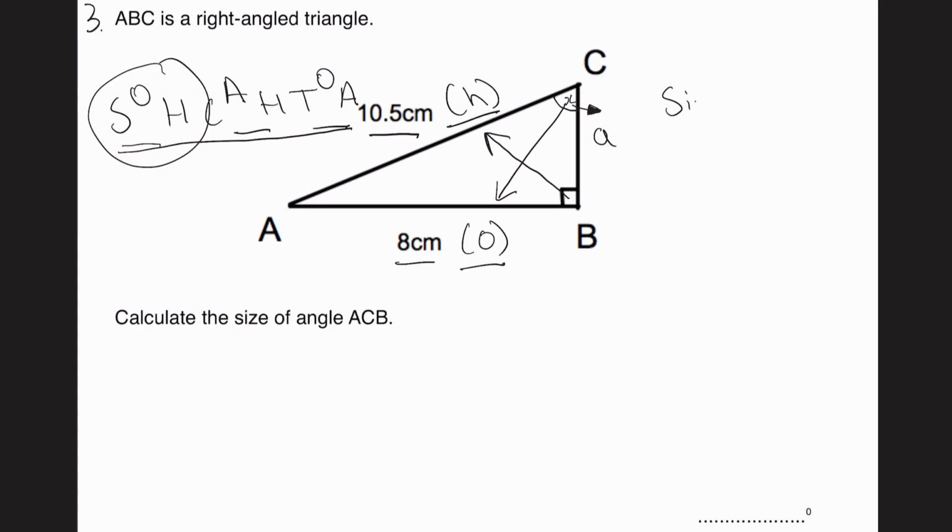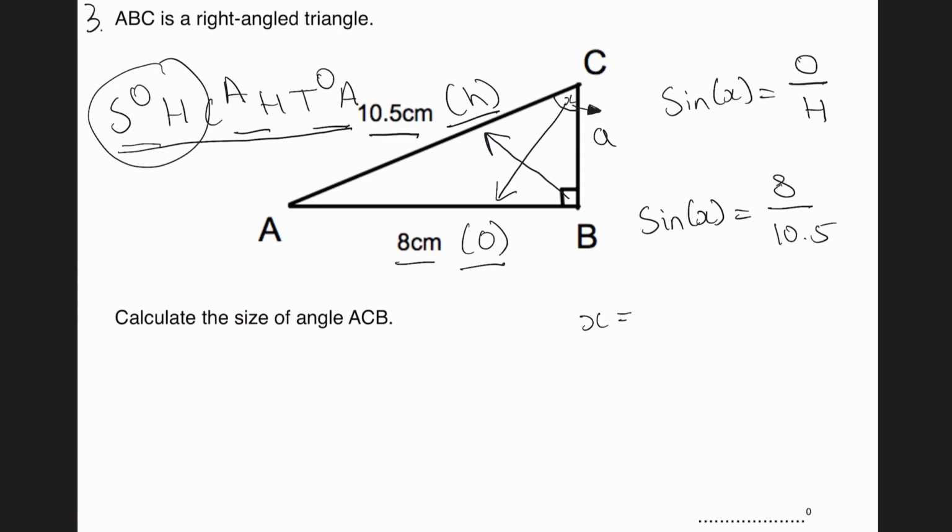So sine X equals O over H. And now we're just going to substitute the numbers in. So write sine X equals 8 over 10.5. And now we have to do the inverse of sine.